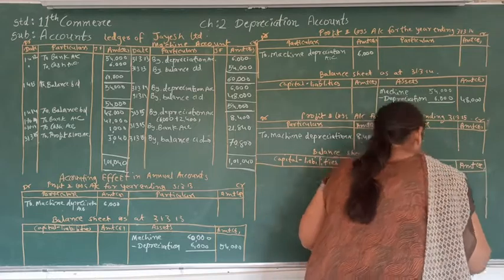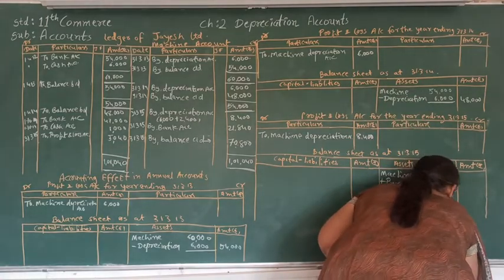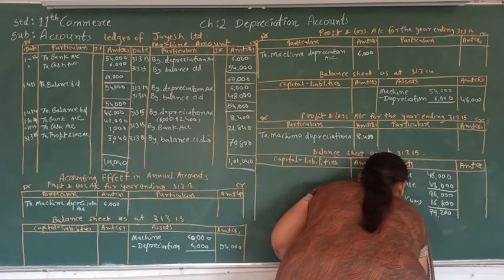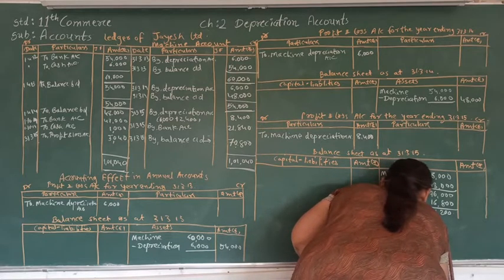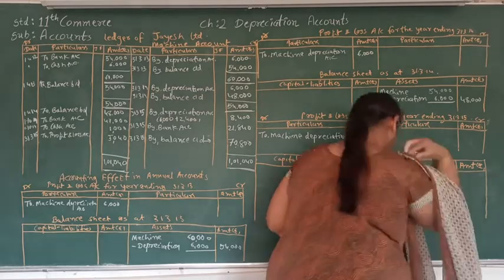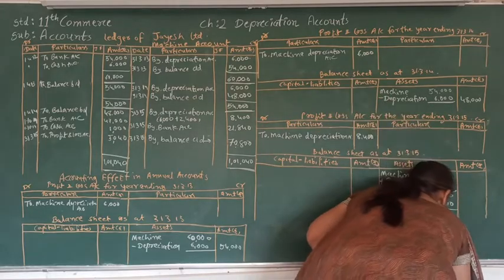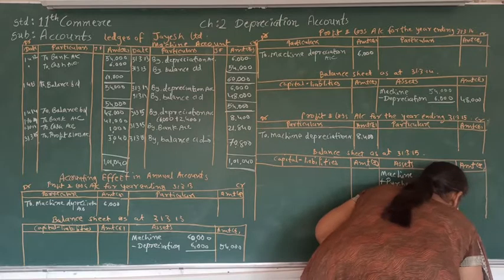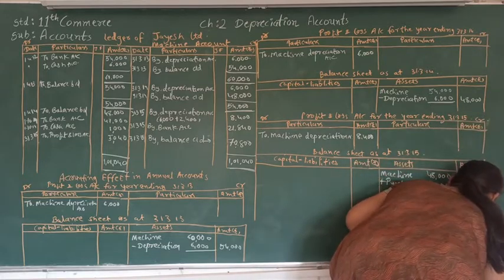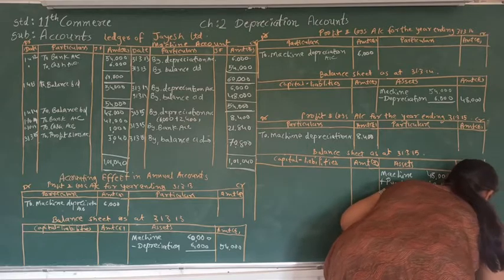Then the balance will be 79,200, and from that we deduct the depreciation, and the total depreciation for the year is 8,400. So the balance of the machine account will be 70,800.